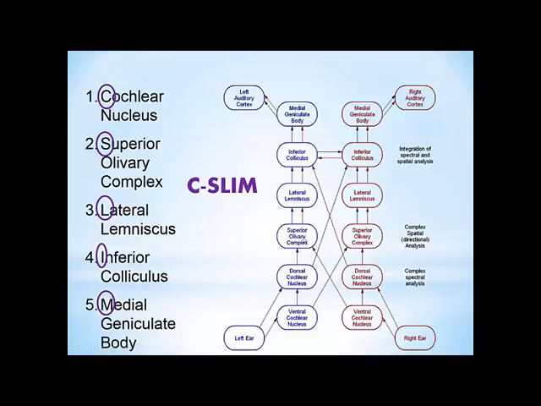So starting at the superior olivary complex, that's where what's called bilateral or binaural representation takes place. So the SOC is where you first start to get information from both ears being analyzed together. And so ultimately, even if you only looked at the left ear, the information that's being heard in the left ear ends up going to both the left and right auditory cortex.